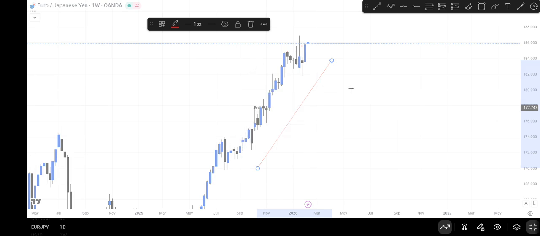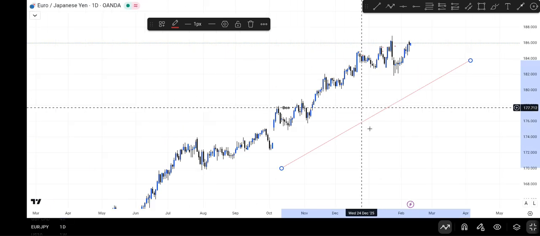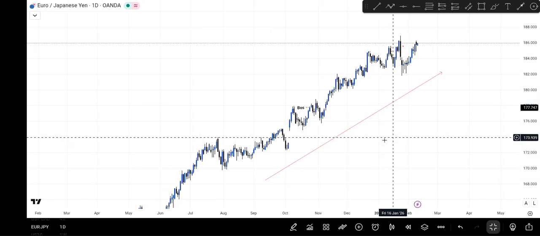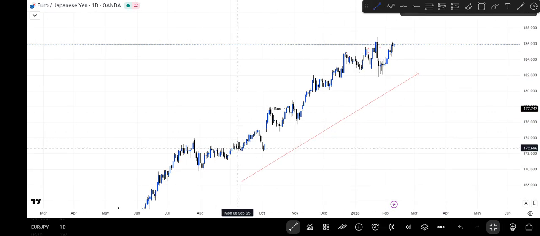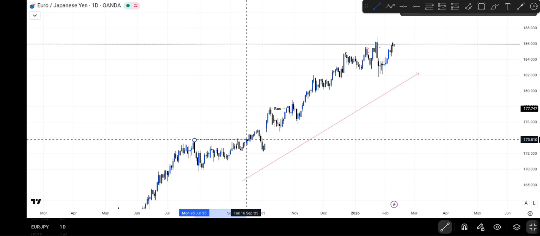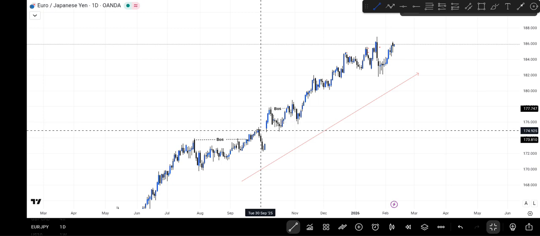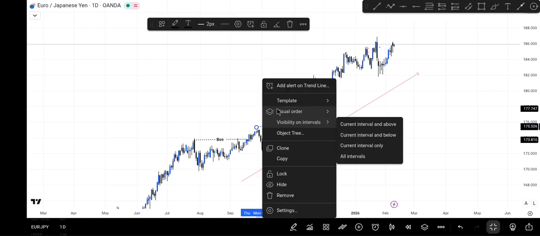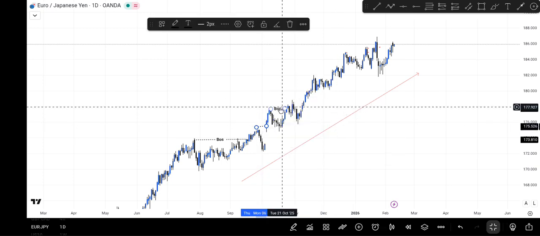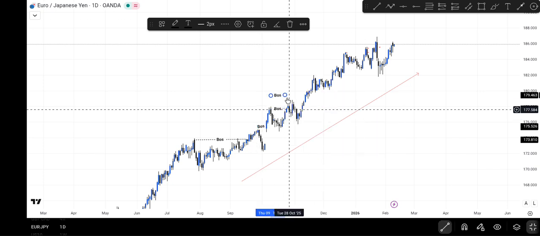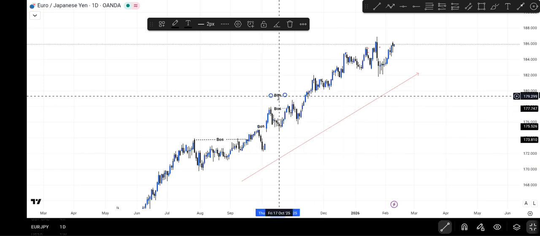Dropping down to the daily time frame, you can clearly still see that EURJPY is in a strong buying trend. You can see a break of structure to the upside here, another break of structure to the upside, and another, and another.